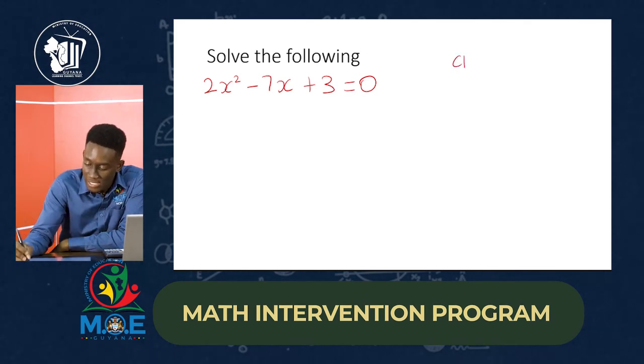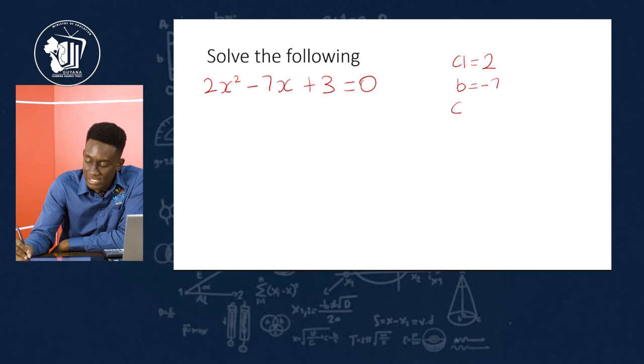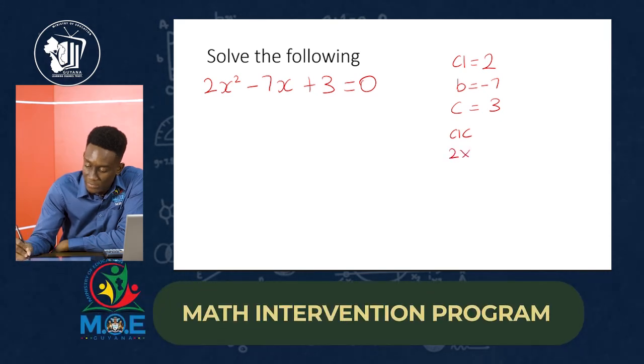We see a is equal to 2, b is equal to negative 7, and c is equal to 3. After identifying a, b, and c, now we find ac. We see ac is equal to 2 multiplied by 3, which would give you 6.